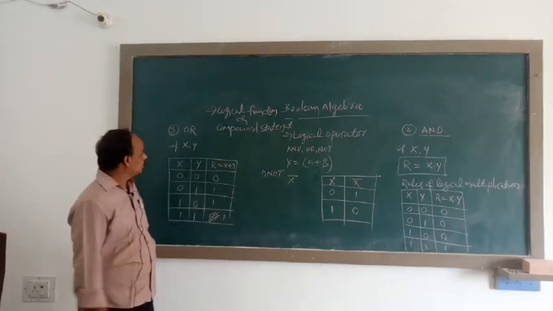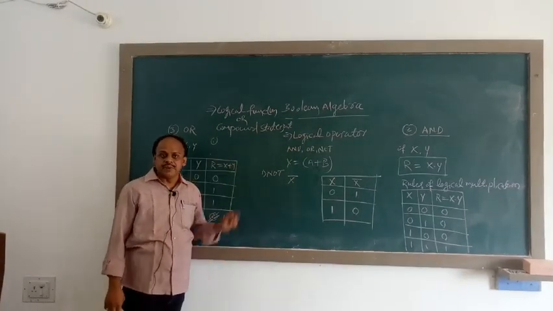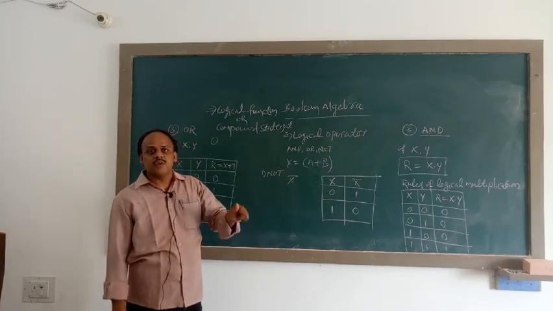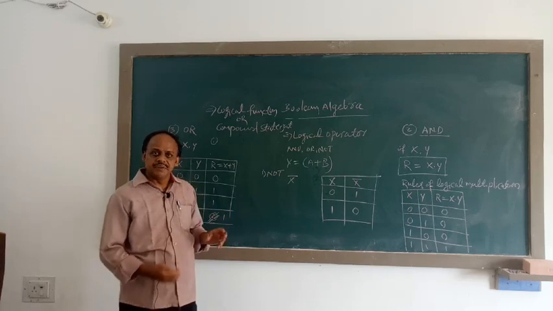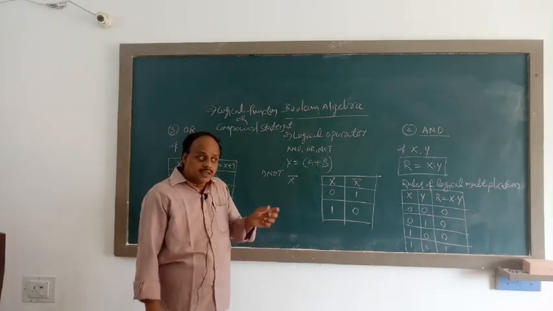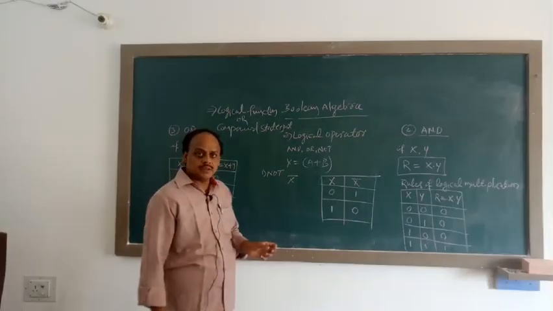For example, first one: he prefers rice and roti for the meals. Here, he prefers rice is one logical statement.